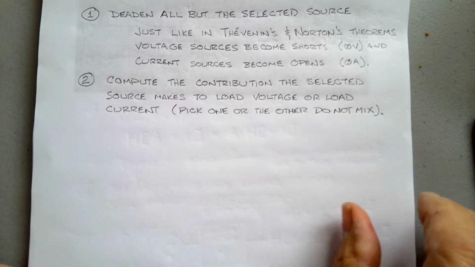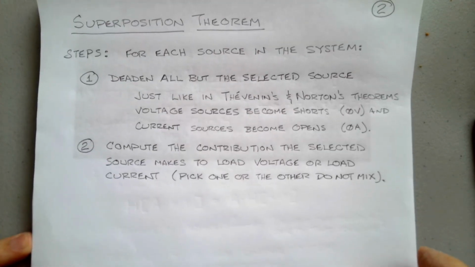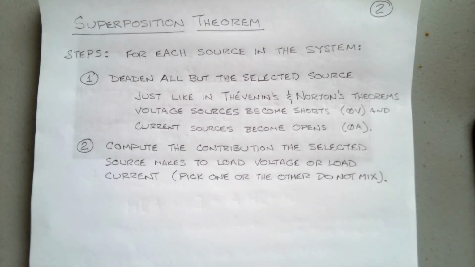So let's talk about how one applies the superposition theorem, and then we'll look at a kind of circuit where it can really help us. I'll spill the beans a little bit.